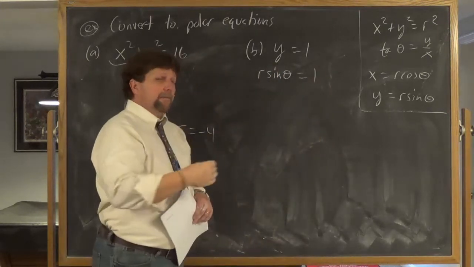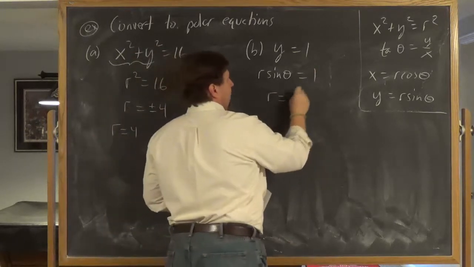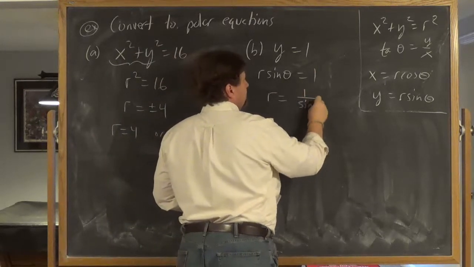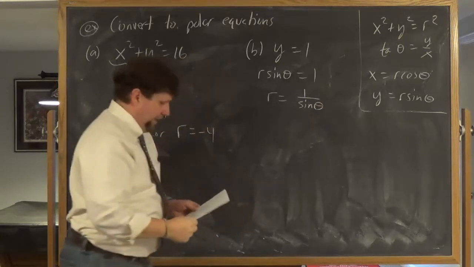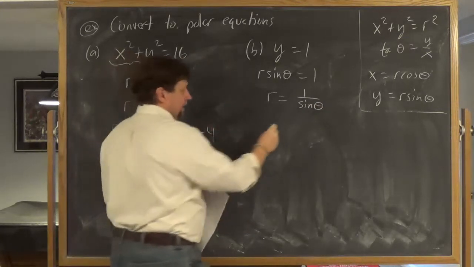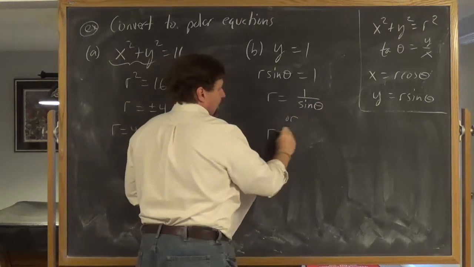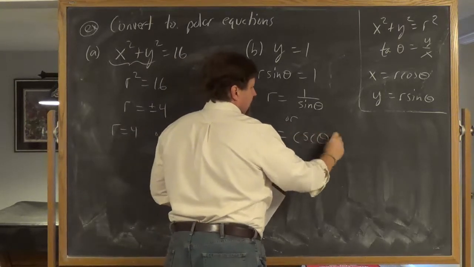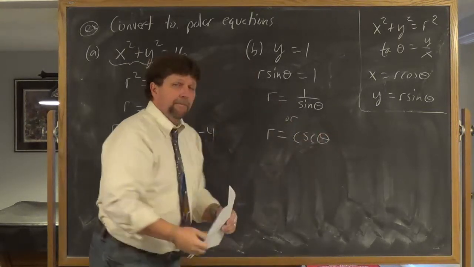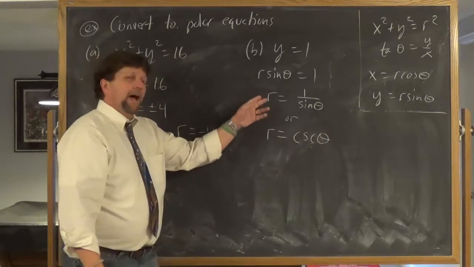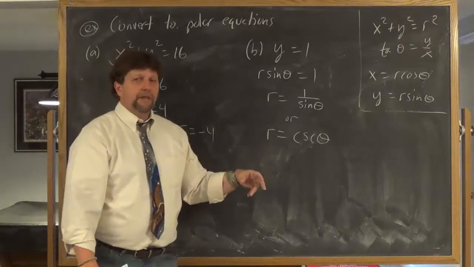And then I would divide both sides of this equation by sine theta to get r equals 1 over sine theta. And if you want, you could say, well, hey, Bill, that's the same thing as cosecant theta. Yeah, you're correct. But the key is I'm able to have it as r equals something.